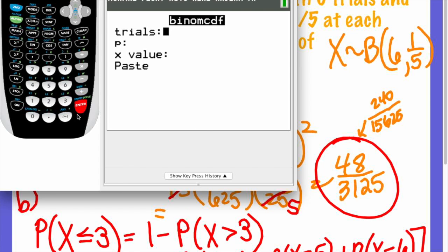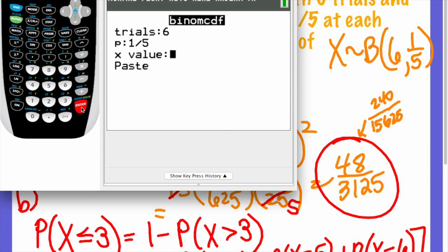Again, if yours does not show up like mine, you still set it up in the same type of fashion. Your number of trials was what for this problem? 6. What was your probability of success? 1/5. So you just do 1 divided by 5. And now this is where CDF can get kind of sticky depending on what is being asked.